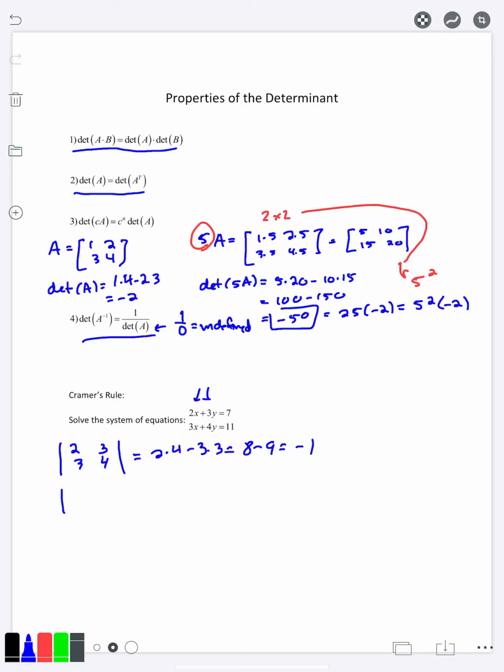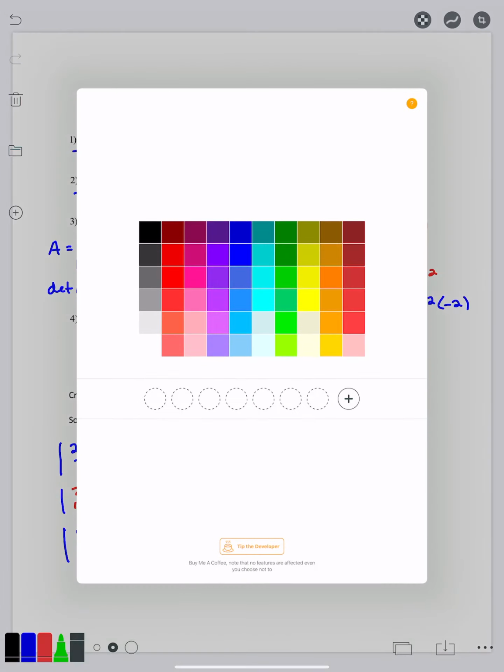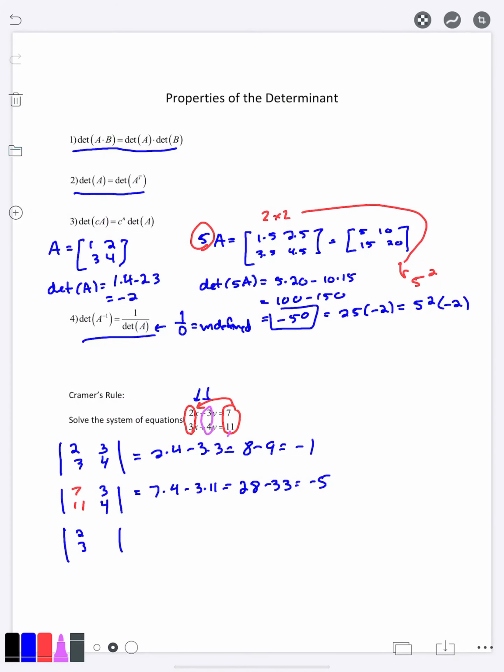Then we take the same matrix, but instead of the numbers in front of x, we take the right-hand side numbers and replace them. This would be 7 times 4 minus 3 times 11. And then the third one is we take the same matrix, but instead of the y numbers, we replace those with the right-hand side. 2 times 11 minus 3 times 7.